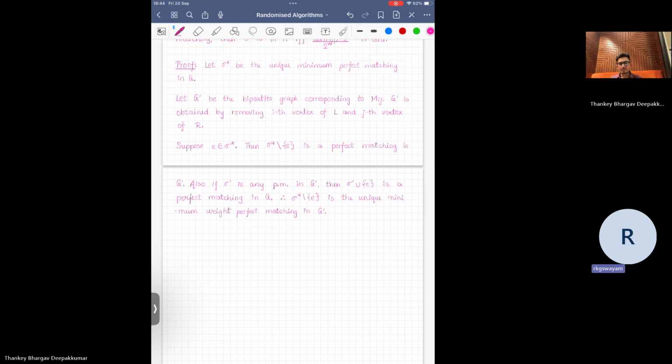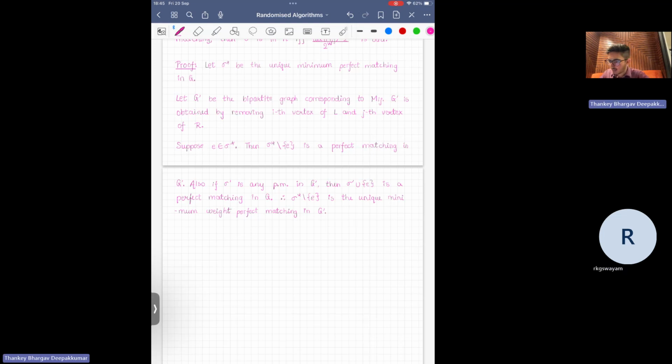I will try to prove this by contradiction. Suppose there was another sigma prime such that sigma prime and sigma star minus E had the same weight. Sigma prime is a perfect matching in G prime.